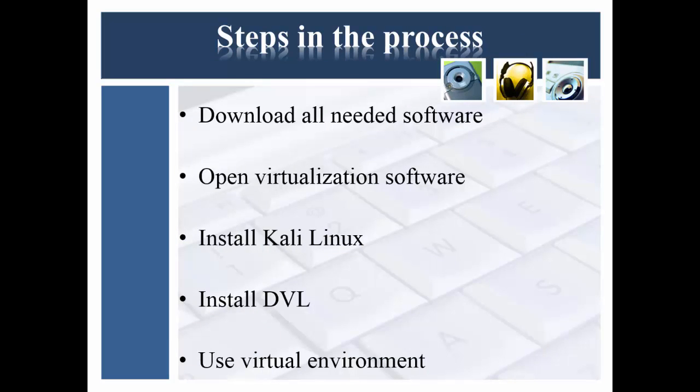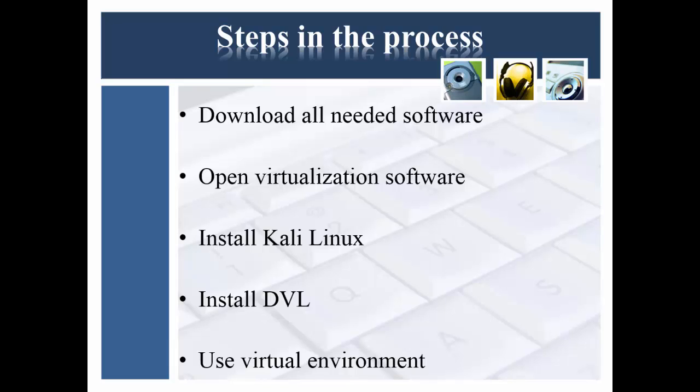So the steps of the process. First off, I'm going to show you all of the software we're going to need, as well as where you can download that at. I'm going to show you how to start the virtualization software. Once it's up and running, I'll show you how to install Kali Linux, which is usually the offensive or attack machine, as well as a version of Linux called DVL, which is Damn Vulnerable Linux.